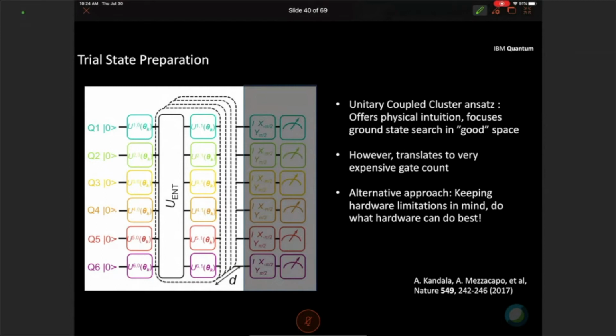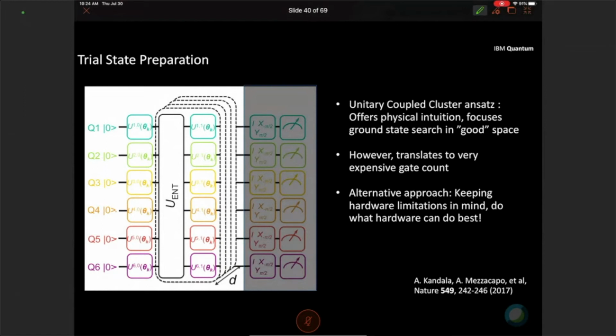However, the catch here is that if you actually translate those T operators, those electron excitation operators onto qubits and then translate that into a circuit through trotterization, this leads to a very long gate count that for even modestly sized molecules, this gets beyond what a noisy existing quantum computer can do.